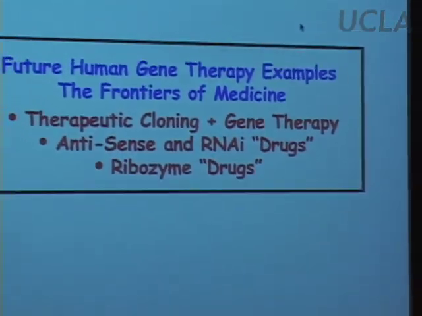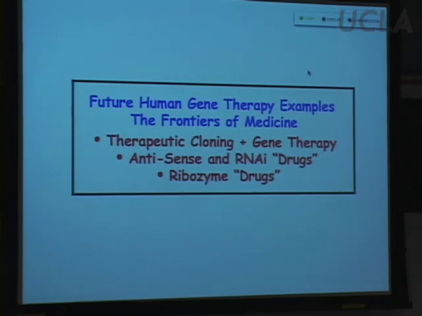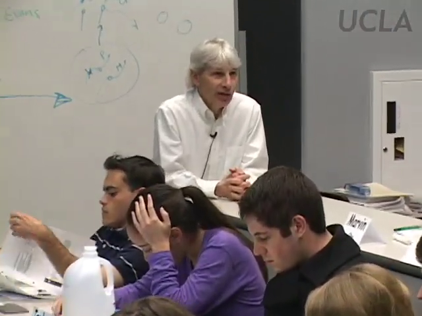So let me wrap all of this up and then move on. There are other ways to do gene therapy, and that is to deliver DNA to an individual much like it would be sort of like a pill. The DNA then would be like a molecular drug.